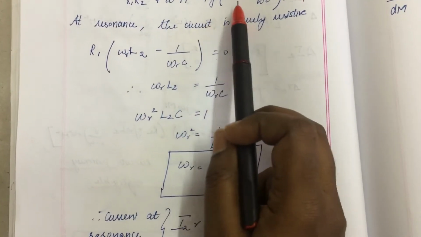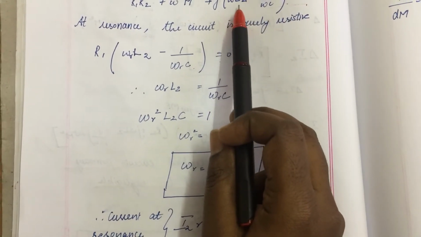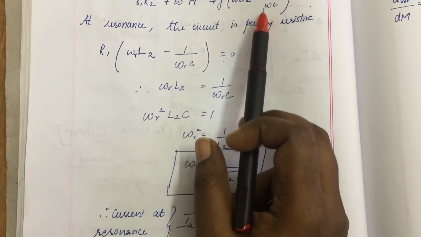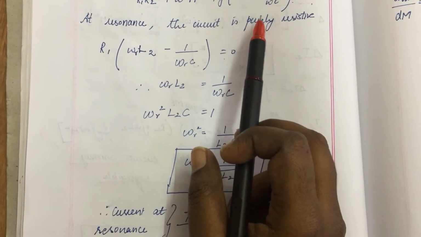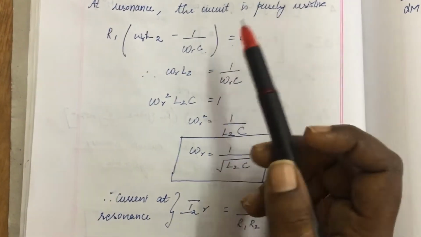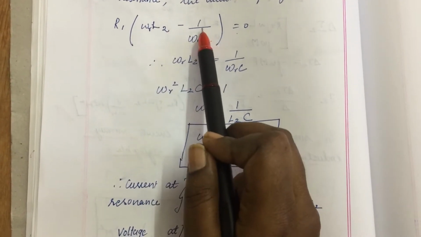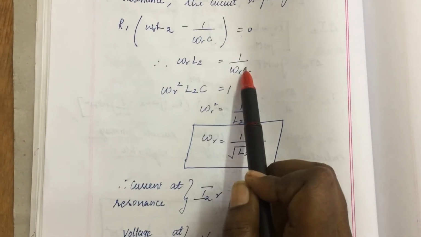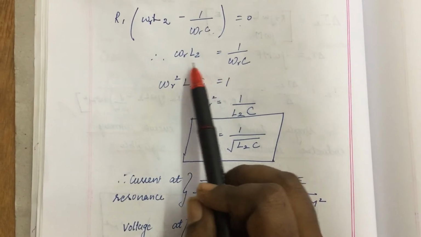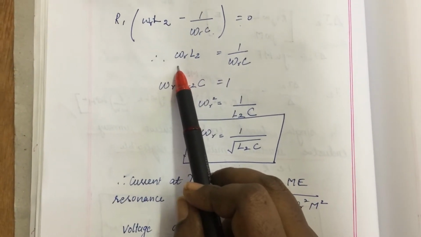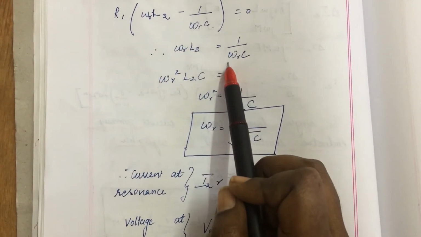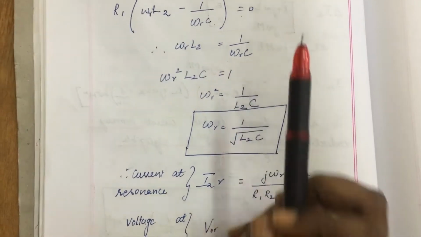So this entire term, R1 into omega R L2 minus 1 into 1 divided by omega R C, is equal to 0. By multiplying and bringing this term to the right hand side, R and R will get cancelled. So omega R L2 is equal to 1 by omega R C.